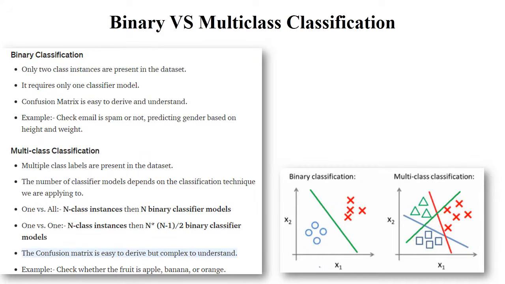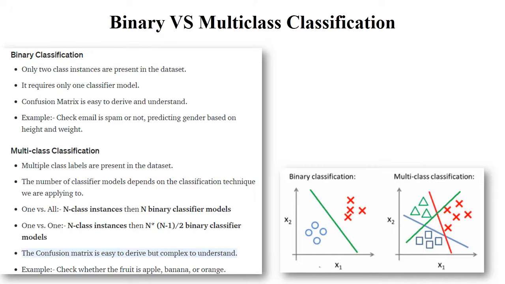Now there are some differences between binary versus multi-class classification. So see here, this diagram represents binary classification, meaning two possible outcomes, and multi-class classification means multiple possible outcomes, right? So what are the differences between these? See, in binary classification, only two class instances are present in the dataset, and in multi-class classification, multiple class labels are present in the dataset. And binary classification requires only one classifier model, because there is only one classifier in between.